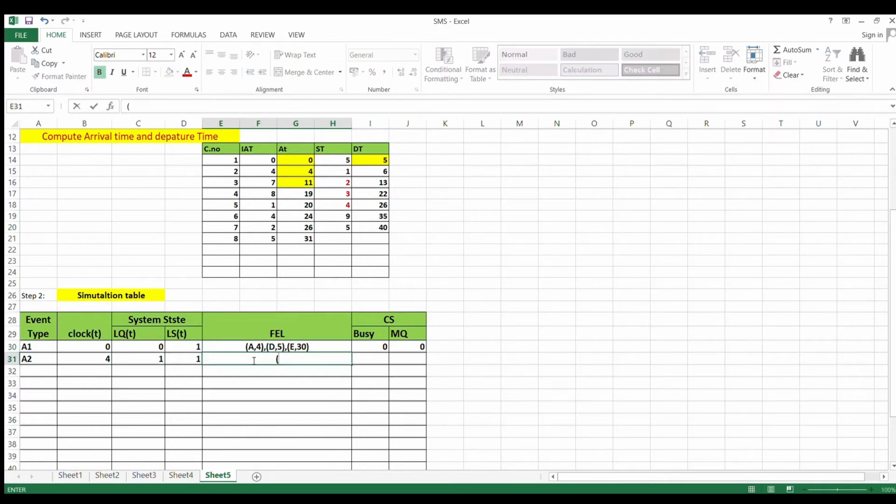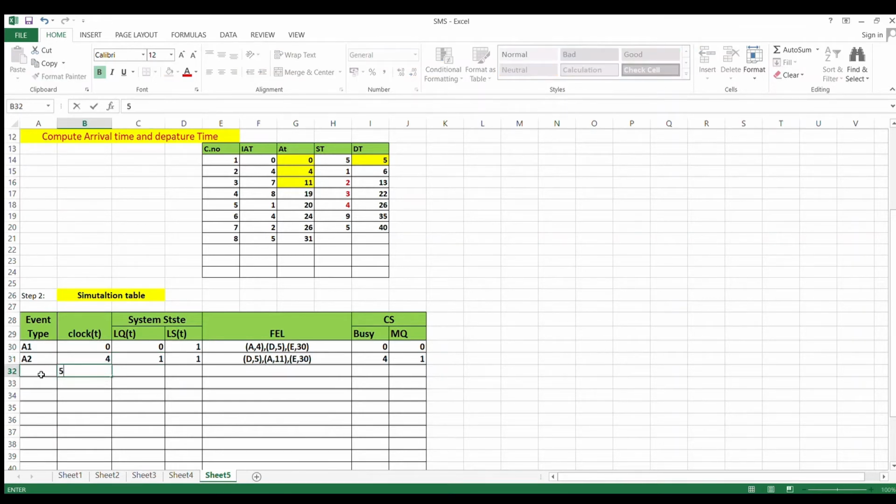Departure D5, arrival A11, E30. Next we need to find out the busy time. To calculate busy time: current arrival minus previous arrival, 4 minus 0 is 4, plus busy 0, we get 4. Maximum queue is 1 because there is one customer waiting in the queue.